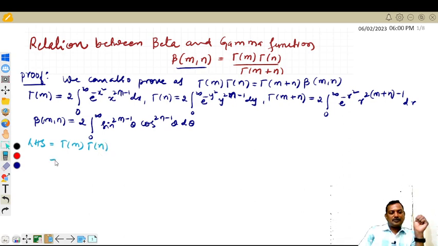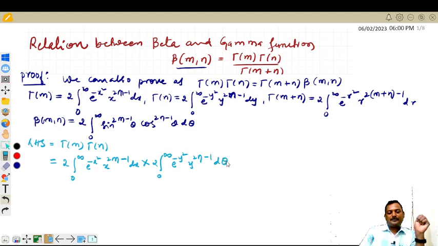You can write gamma of m is 2 times integral from 0 to infinity e raised to minus x square into x raised to 2m minus 1 into dx, into 2 times integral from 0 to infinity e raised to minus y square into y raised to 2n minus 1 into dy.